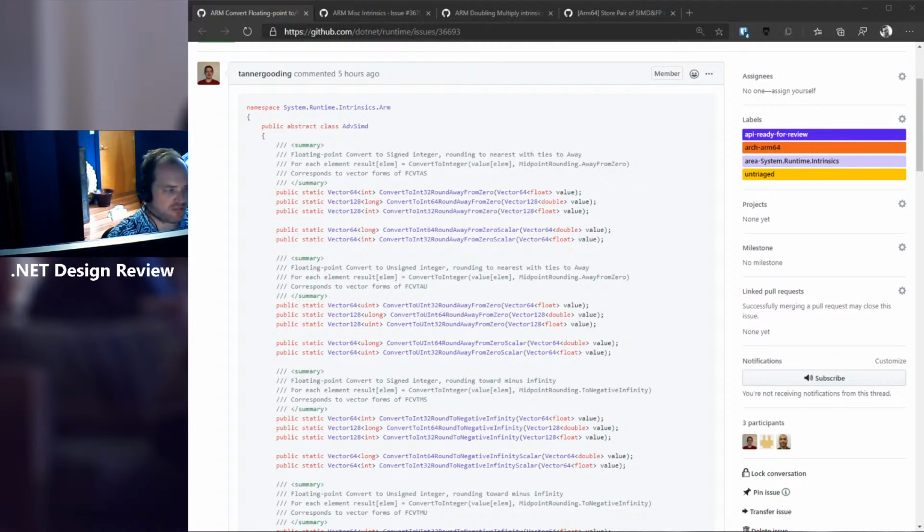Okay, so these are all new. They're basically not casts, right? Right. The reinterpret ones are called As, and they're general purpose ARM or x86.